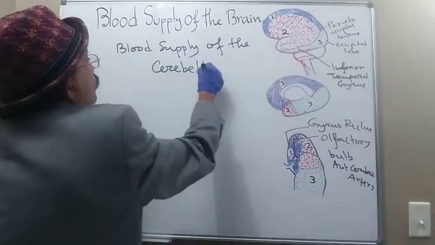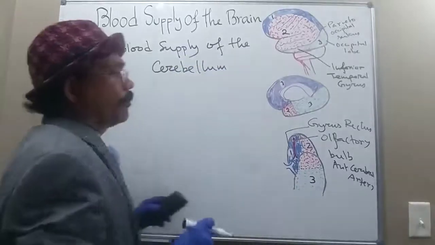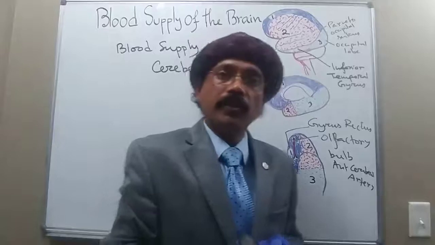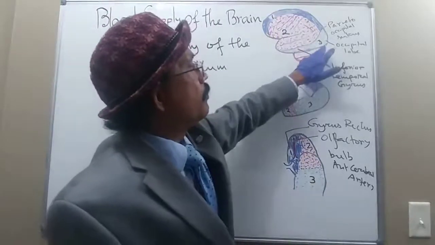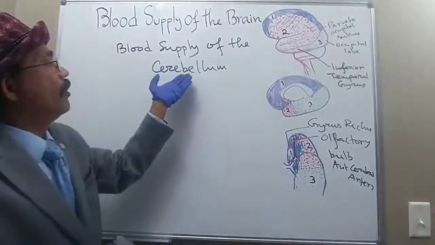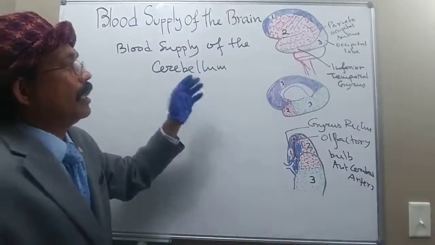Okay, so far we have covered the blood supply of the cerebrum. This is cerebrum, this is cerebellum. Now we'll discuss the blood supply of the cerebellum.